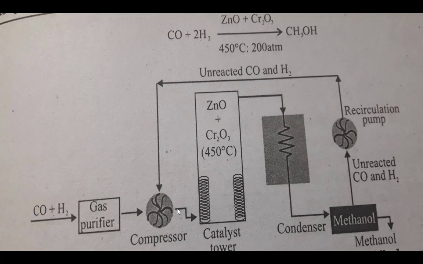Dear students, this is the apparatus used for the preparation of methanol. Carbon monoxide and hydrogen gases are purified first of all in a gas purifier. Then these purified gases are sent to a compressor under a pressure of 200 atmospheres.